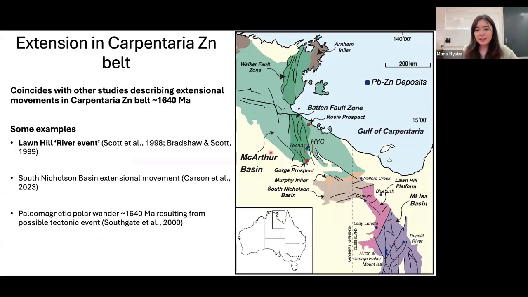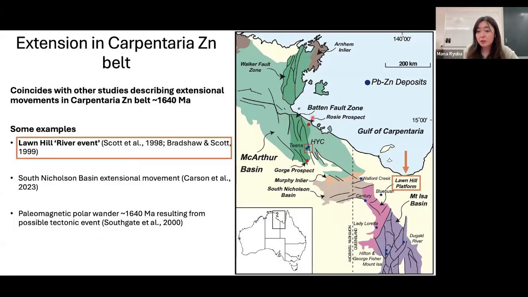So this extensional event seems to explain what is happening in the McArthur Basin, but it happens to also coincide with other descriptions of extensional movements in other parts of the Carpentaria zinc belt. So one example is from the Lawn Hill platform.